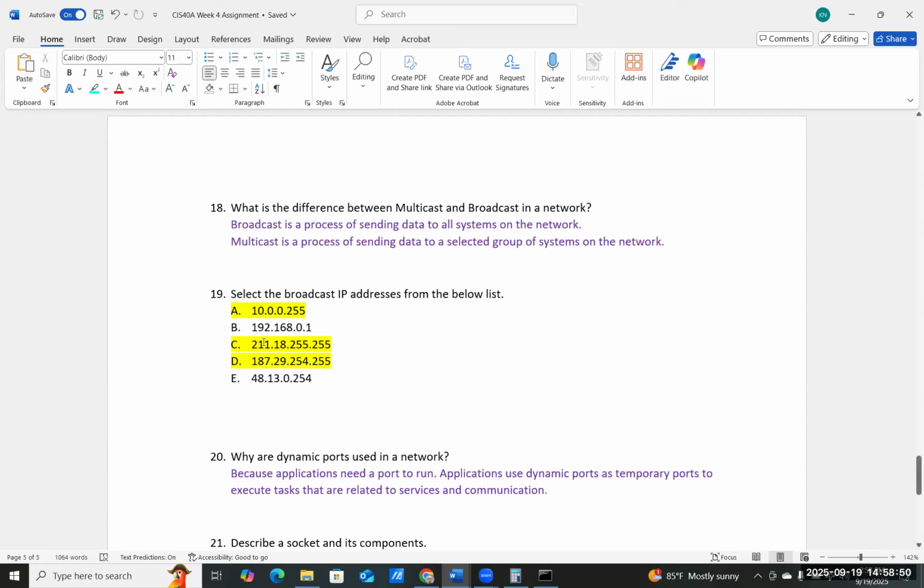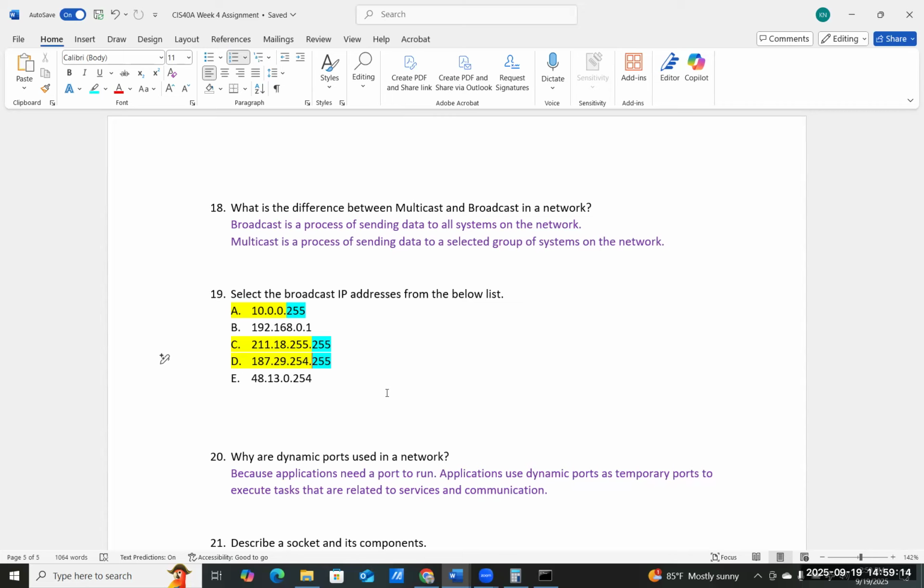So you're gonna ask yourself, the host ID, is it 255? Right? If it is 255, that's a broadcast IP. Now, if it's a 0, that's a network ID, right? So broadcast is 255.